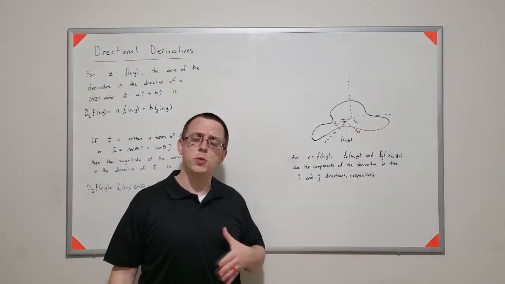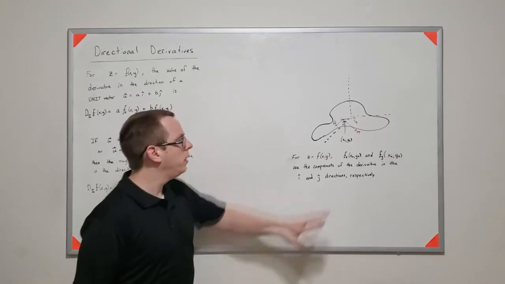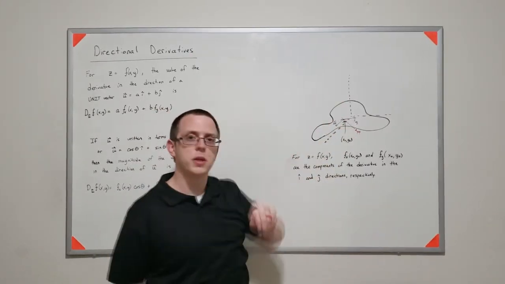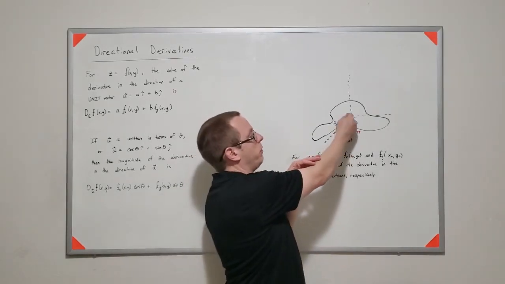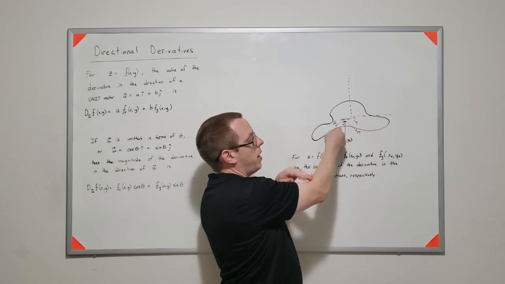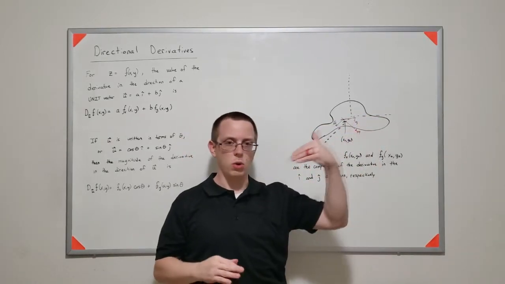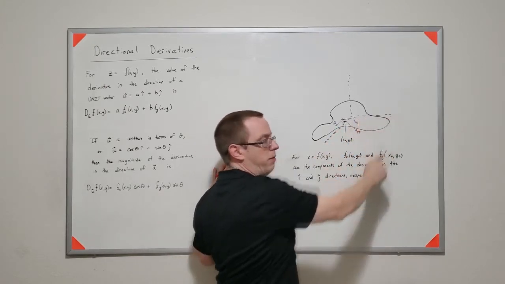For any given surface, we've been introduced to the idea of a partial derivative. If I have a point on some surface, I can think about the partial derivative in the x direction or the y direction. We can go along this i vector or along this j vector.